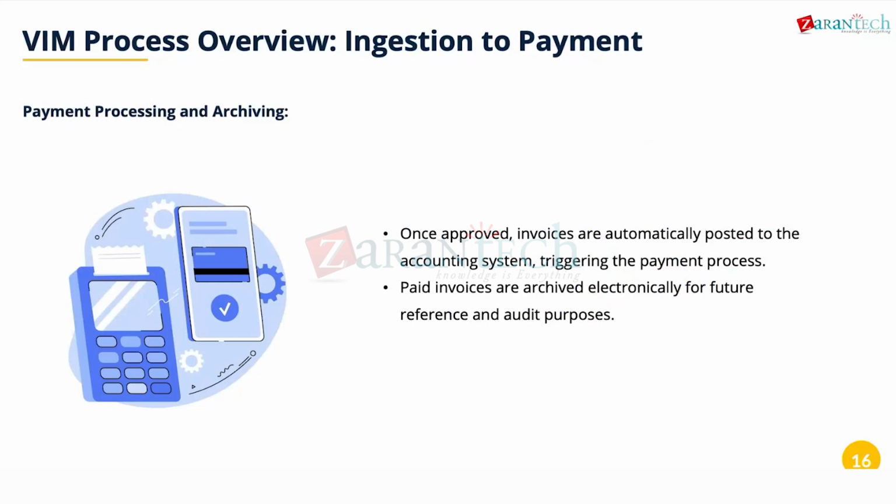I was talking about the archiving process where the documents are archived and sit on an archive server. This is a different technical piece of server which comes as part of the VIM solution, where all your PDFs are stored in a different server rather than in SAP.